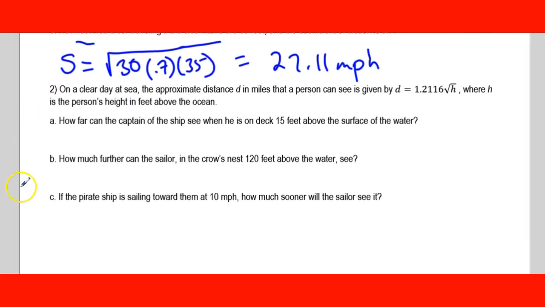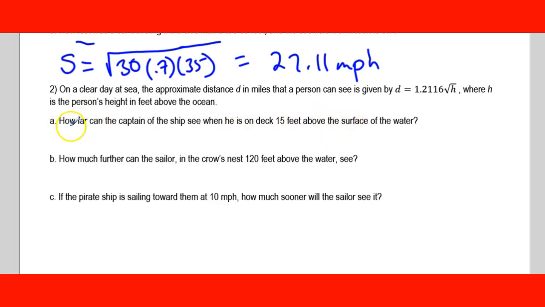Now, number 2. On a clear day at sea, the approximate distance D in miles that a person can see is given by this formula. D equals 1.2116 times the square root of H, where H is the person's height in feet above the ocean. So how far can a captain of a ship see when he is on deck 15 feet above the surface of water?